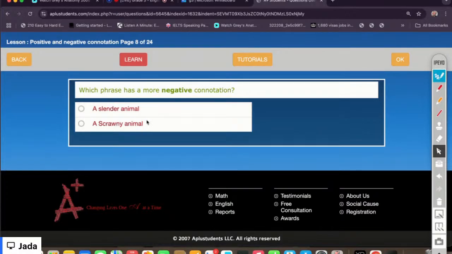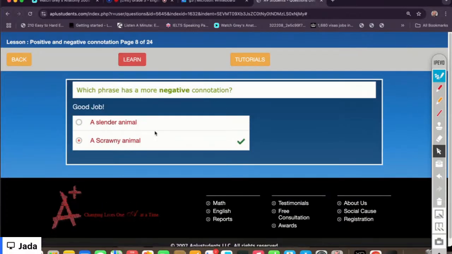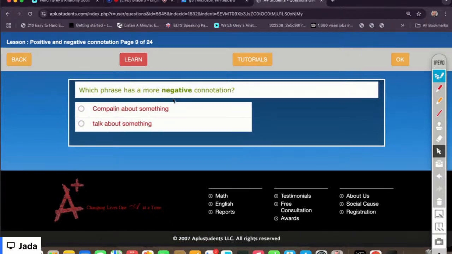So option two, okay. So which is more negative? Complain about something or talk about something? Which is the negative one here?